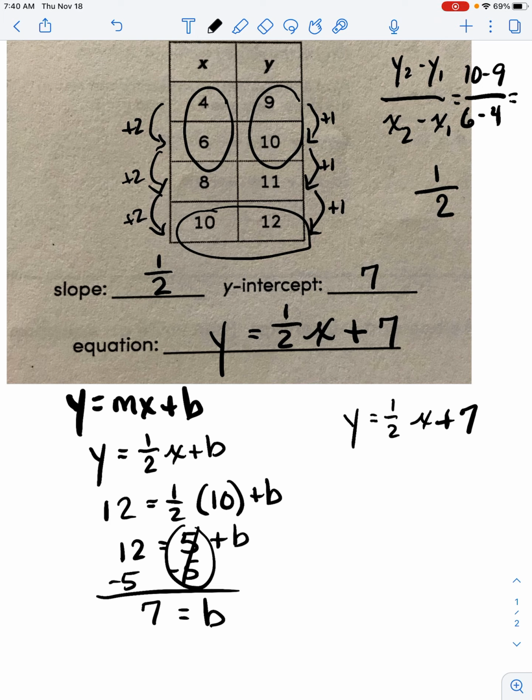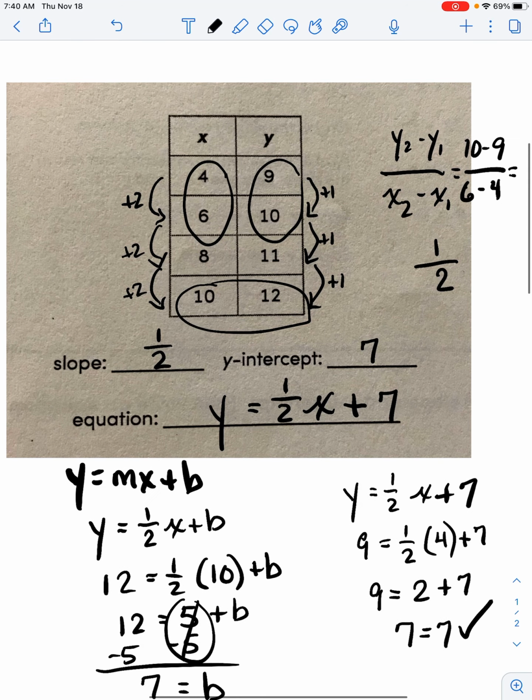Does 9 equal 1/2 of 4 plus 7? Half of 4 is 2, plus 7. 9 equals 9. Ta-da!